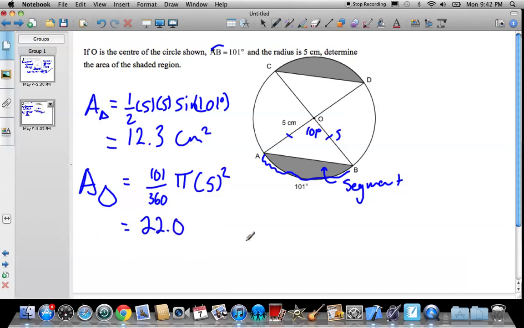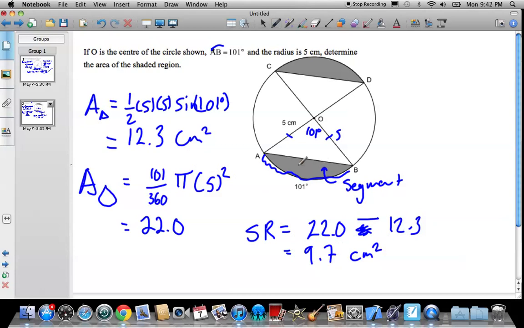We don't need a point there, I guess. Then if we want to find this shaded region, it's just going to be 22.0 minus 12.3. Keeping all my numbers in my calculator here so I can get a better estimate, it becomes about 9.72361 repeating. So 9.7, I'll keep it as centimeters squared.